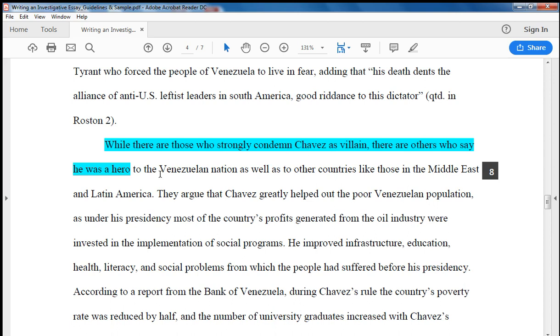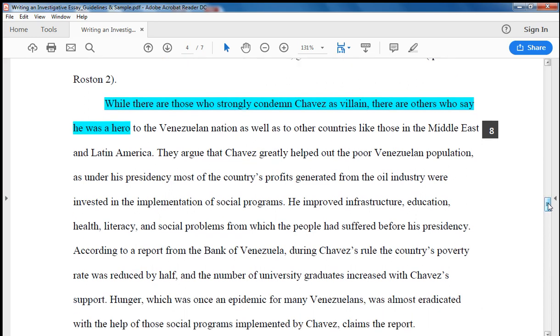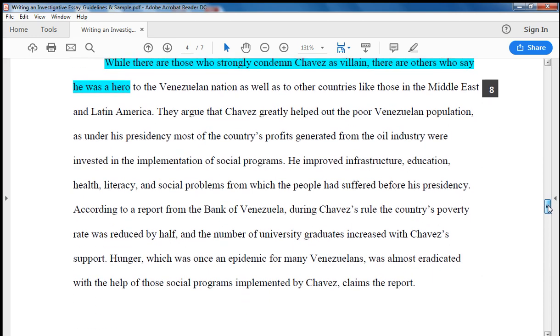And so now we know that she is going to switch over to the other side of the debate in her essay, which is a very good signaling to help the reader to follow the flow of her ideas.